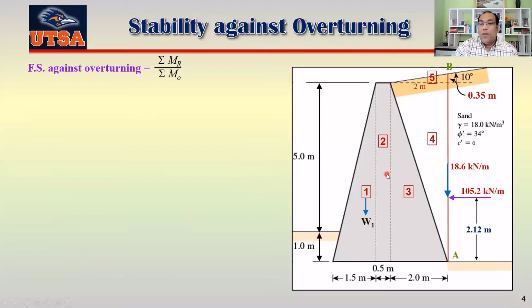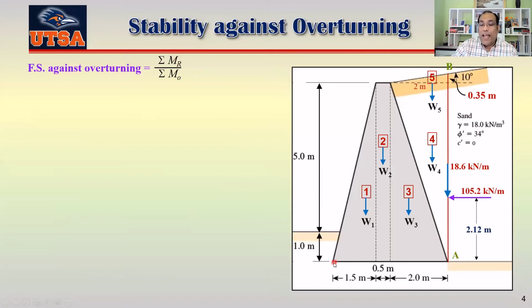You can see this is W1, W2, W3, W4, and W5. If I take a moment here, then all these 5 weights plus the vertical component of the active force, the total 6 forces, will try to resist the moment.